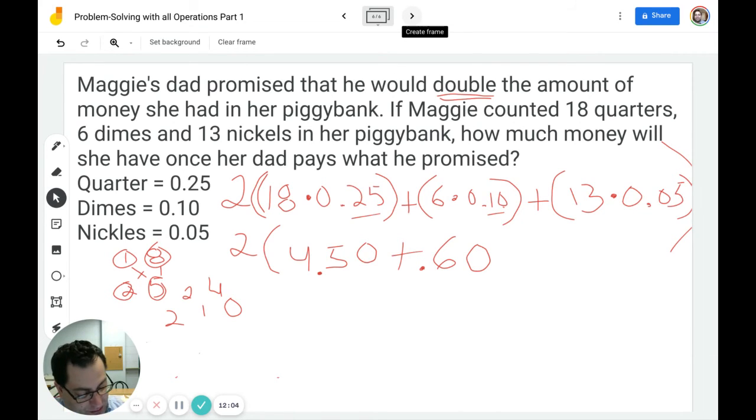And then finally, I have 13 times 5, ignoring the decimal points. So 5 times 10 is 50. 5 times 3 is 15. 50 plus 15 is 65. And I have 2 decimal points in that problem.